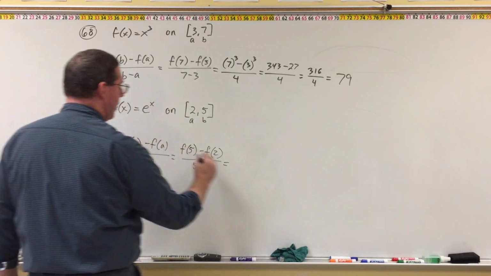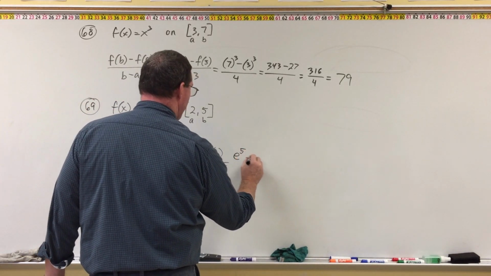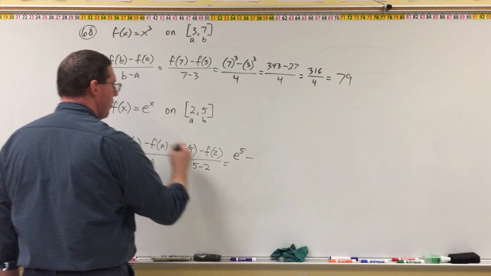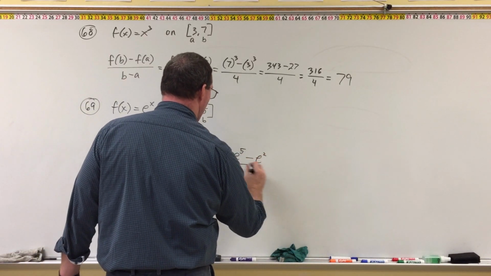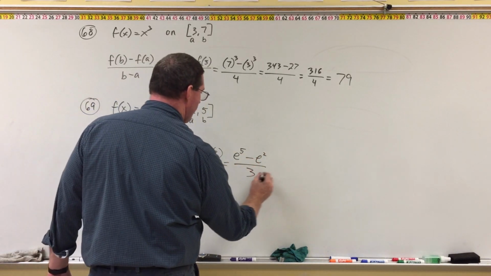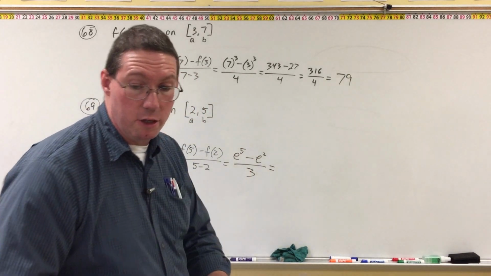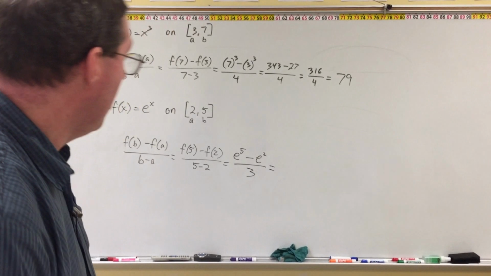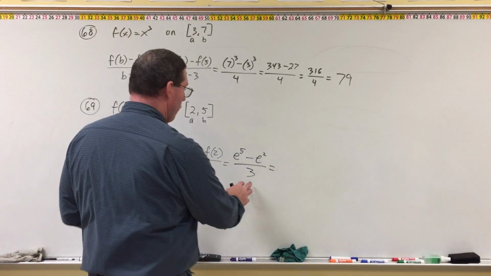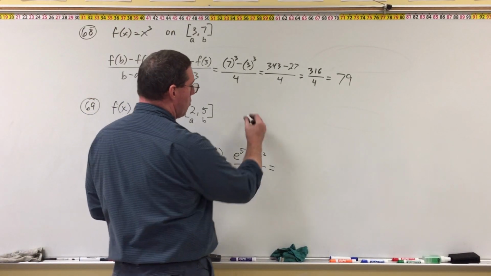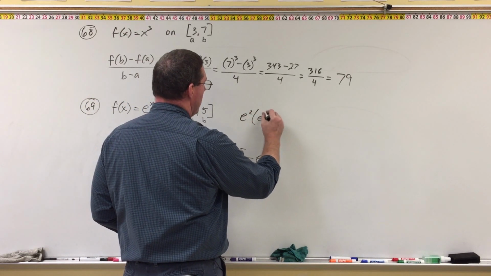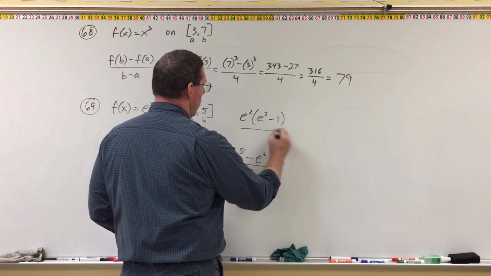Plug a 5 in, we get e to the 5th power minus, plug a 2 in, e to the 2nd power over 5 minus 2 is 3. Now, this is technically an answer. We technically could leave the answer as e to the 5th minus e squared over 3. We could even factor out an e squared and make it e squared times e cubed minus 1 over 3.